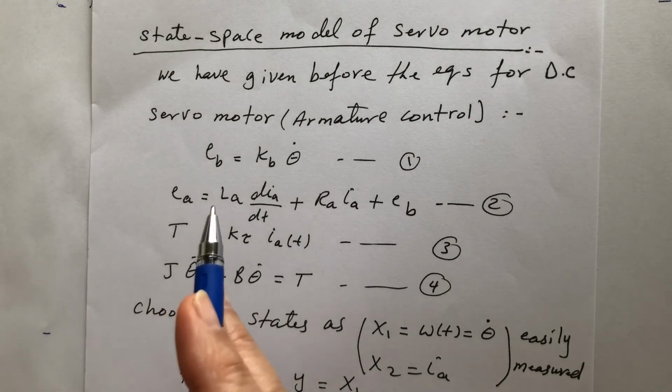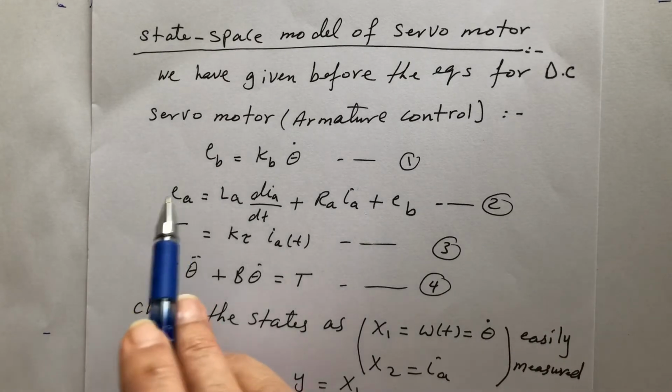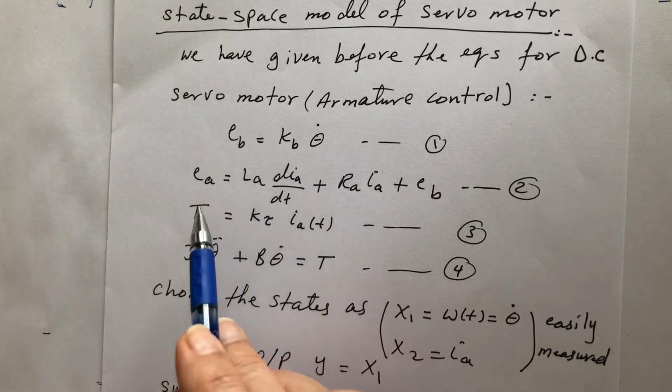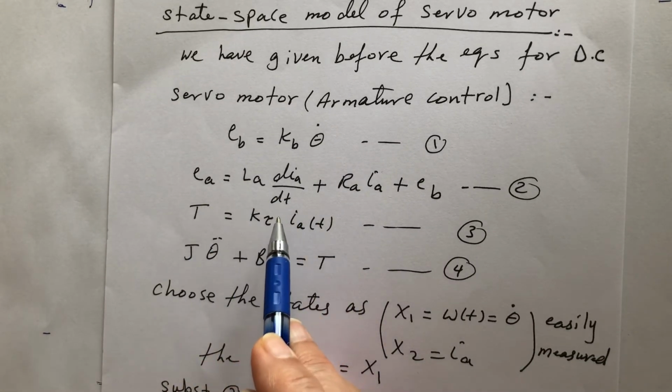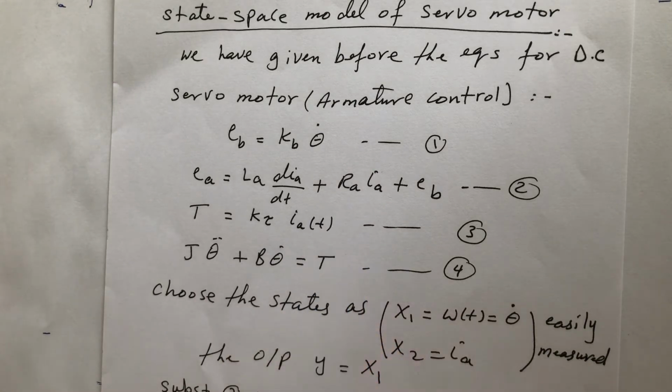We learned to do it either by block diagram, the one I gave you in chapter 5, or by MATLAB. But here I'll show you how to find it from the equations. I'll remind you that we have these equations: EB equals KB theta dot, and EA equals LA dIA by dt plus RA IA plus EB.